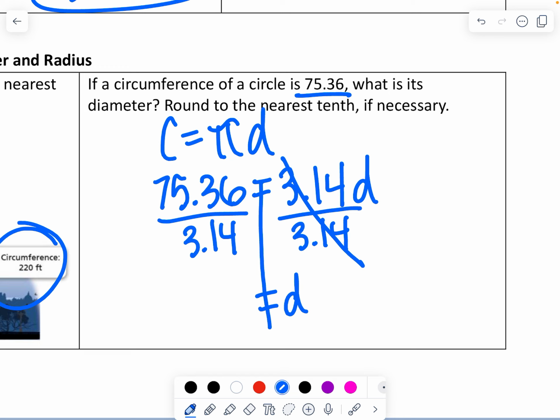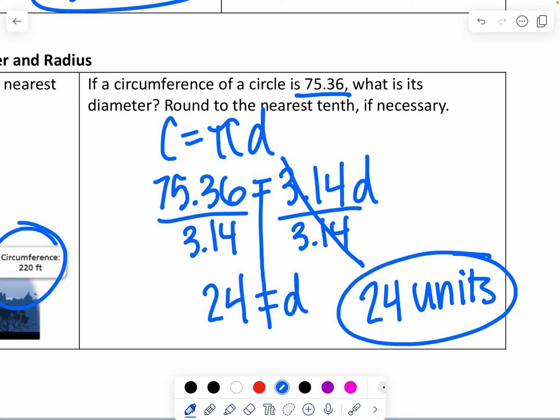When you put that in your calculator, you should get 24. It didn't give us a label, so we're just going to say 24 units is the diameter. So if 24 is the diameter, which is what it was asking for, that's our final answer. But remember, if it's asking for a radius, we would divide that by 2, and our radius would be 12.